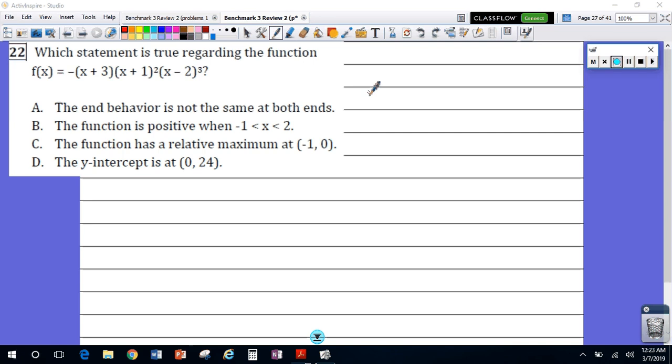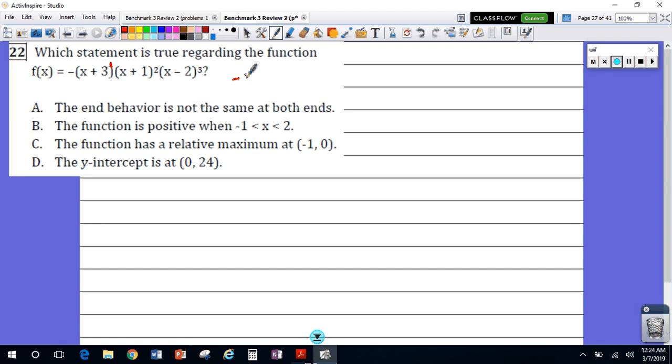Yeah, in problem number 22, which statement is true regarding the function? Right. So first, let us find out the degree and the leading coefficient. So the degree is x to the third power 3, 2, and here you have 1, right?